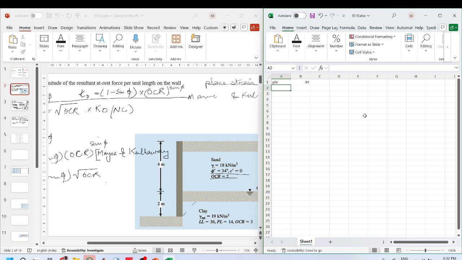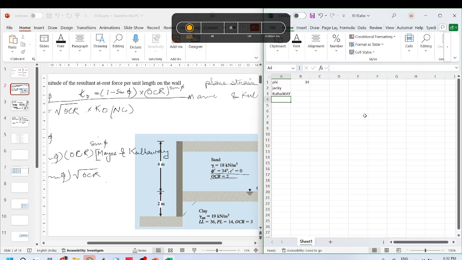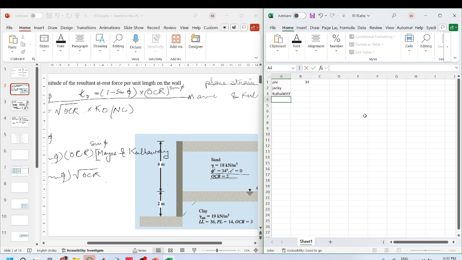And we said that we will use three equations: Jaky's equation, Kulhawy's equation, and Meyerhof's.